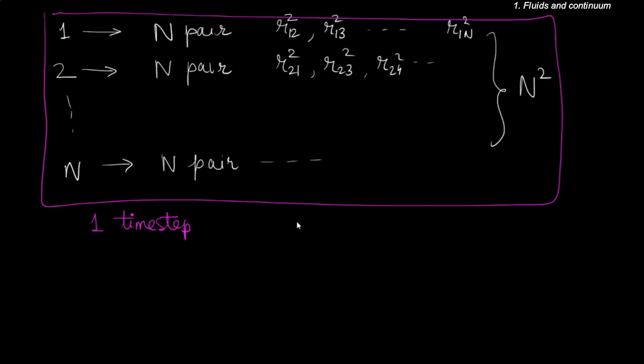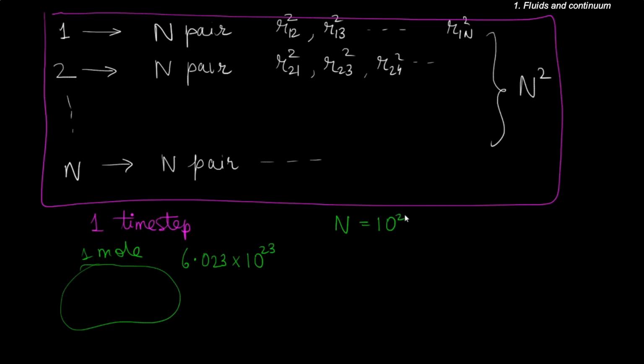So if we consider we have 1 mole of a gas, which is not a very large number if you think about it, 1 mole will contain 6.023 times 10 to the power 23 number of molecules. And for ease of calculation, let us say that the number of molecules is 10 to the power 23.